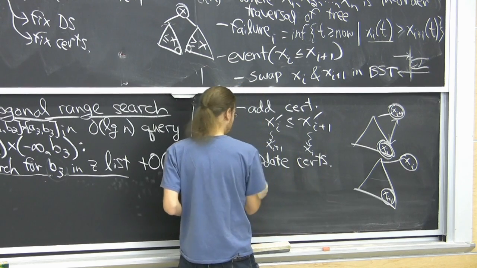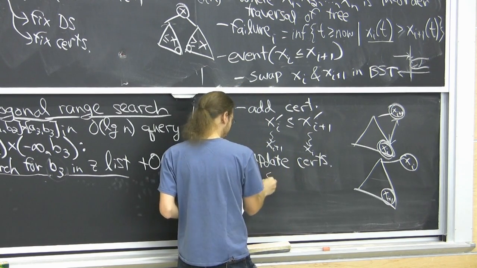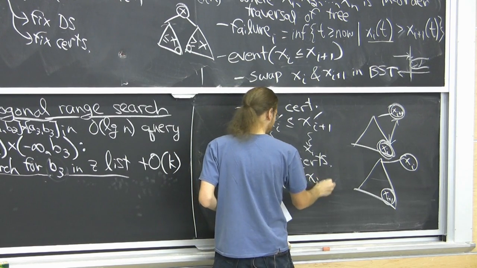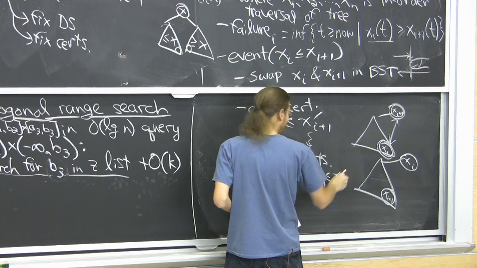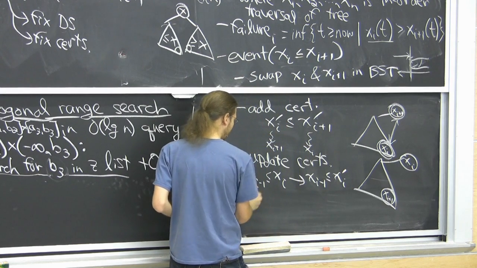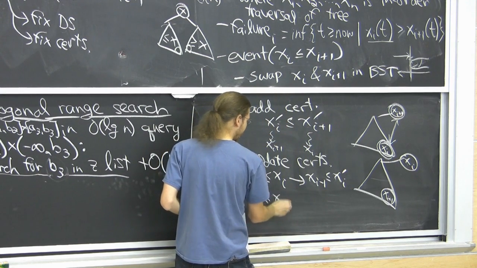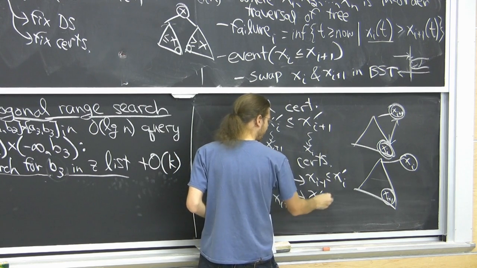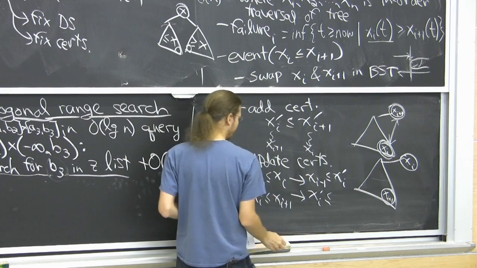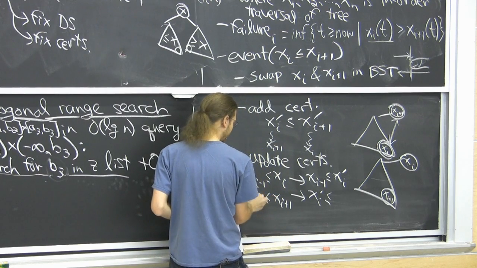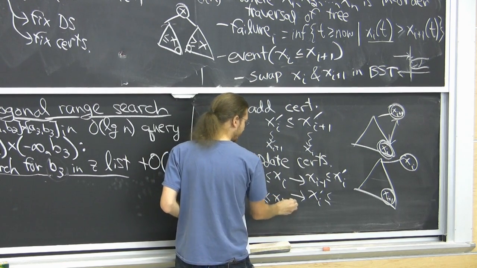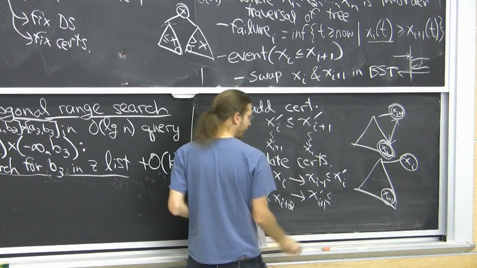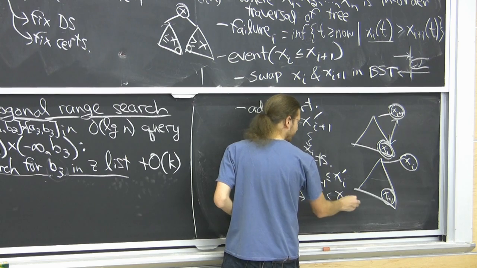So there used to be an xi minus 1 less than or equal to xi. We want to turn that into xi minus 1 less than or equal to xi prime. And we used to have an xi less than or equal to xi plus 1. We want to turn that into xi prime less than or equal, oh, that one we already did. Sorry, so I want xi plus 1 to xi plus 2. And I want to do now xi plus 1 prime to xi plus 2.